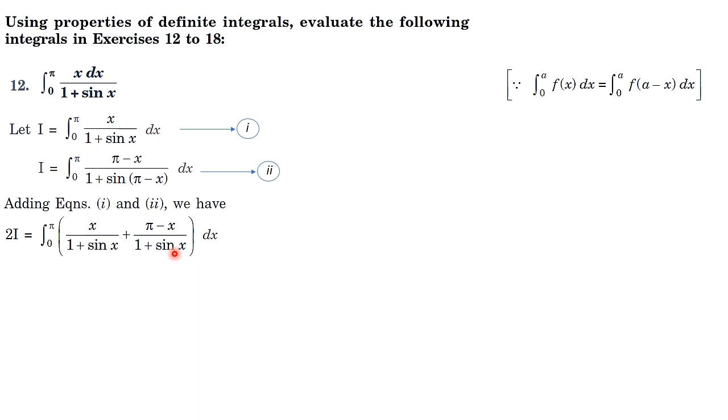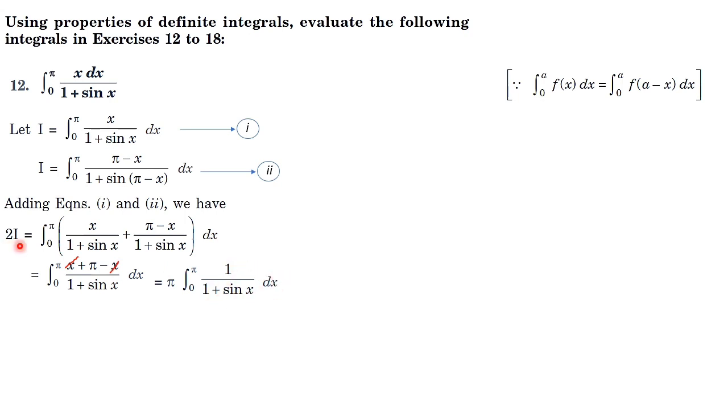If the denominators are the same, just add the numerators. That is integral 0 to pi, the denominator is the same, 1 plus sin x, and the numerator is x plus pi minus x. Here x and minus x cancel. So the balance is pi, a constant, which we keep outside, integral 0 to pi, and since nothing is left in the numerator, we write 1 divided by 1 plus sin x dx.